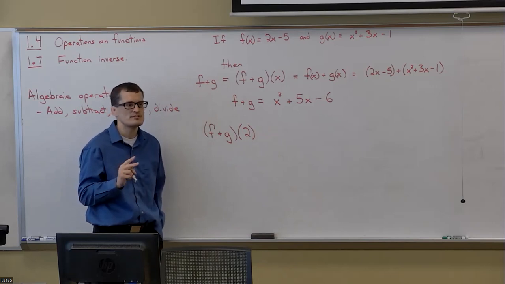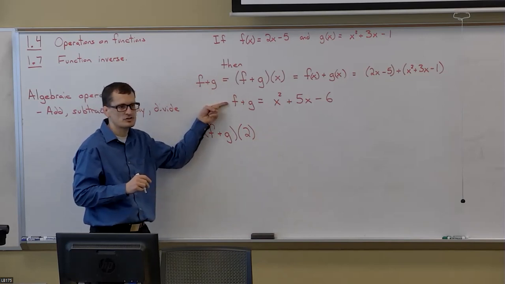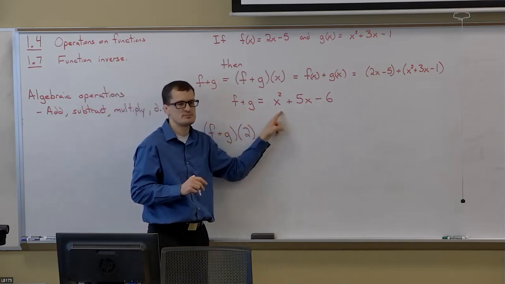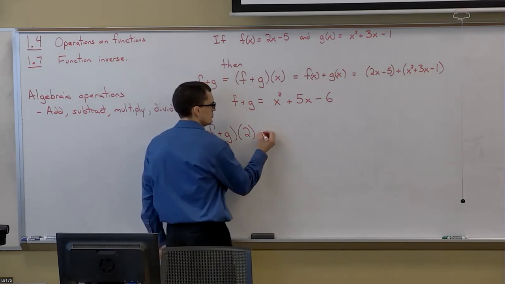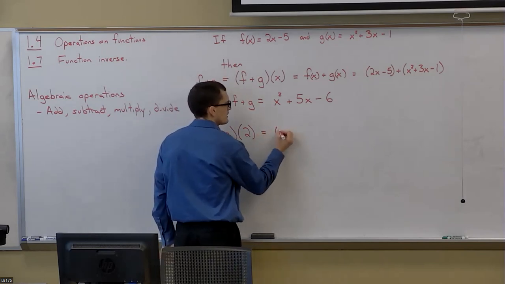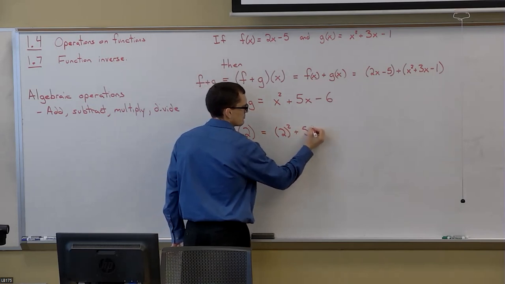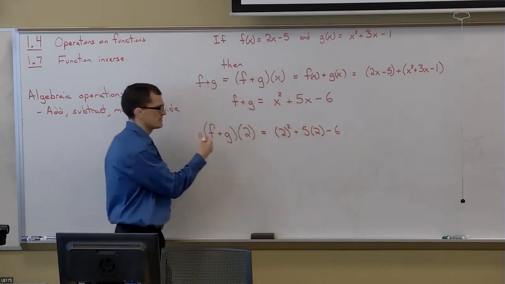And you can do this one of two ways. If you've already added f plus g together, and now you have a specific function output, f plus g of 2 can be calculated by just plugging in the 2 into my new combined output.